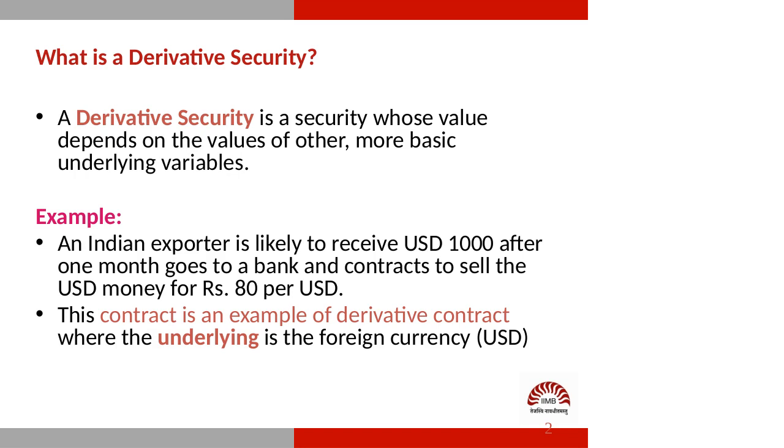Now, I don't know how much it will be, but you can easily understand that it will be a function of the price of the car. It will not be an independent number. It will not be something random. It will be a function of the value of the car in question. So that is the basic underlying variable that you're talking about.